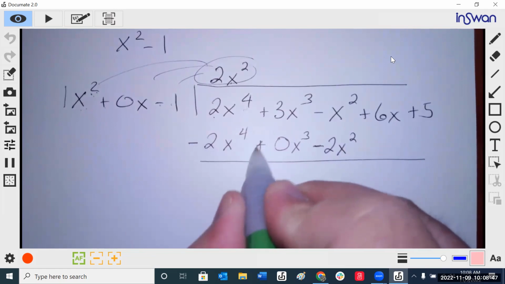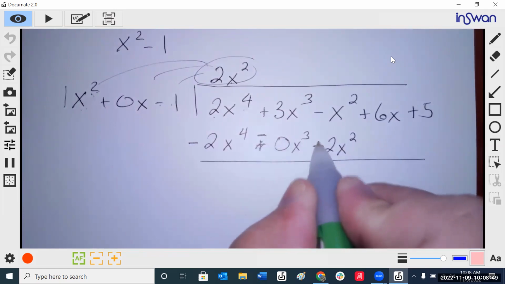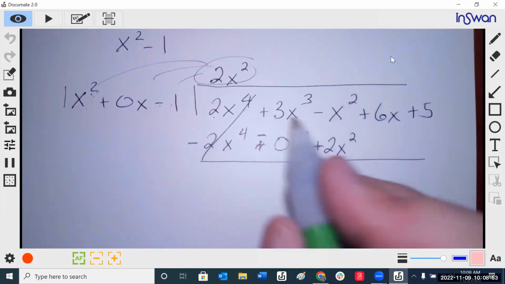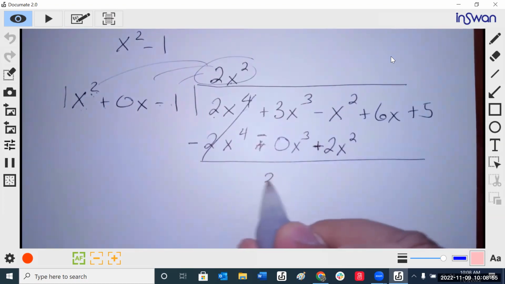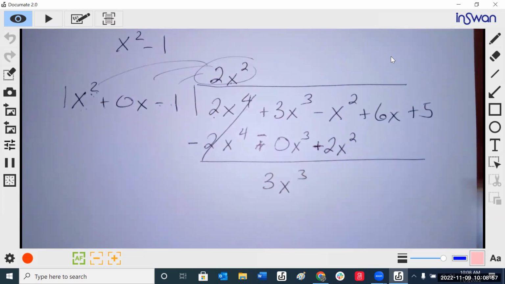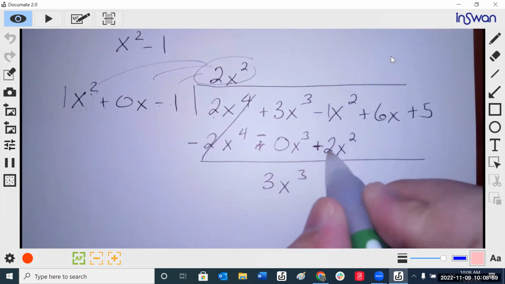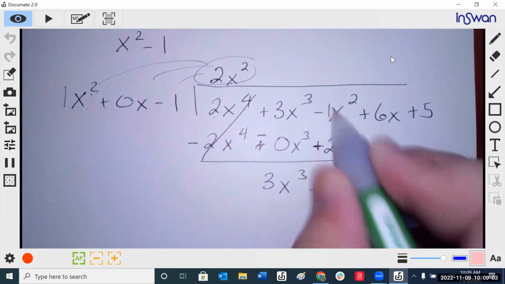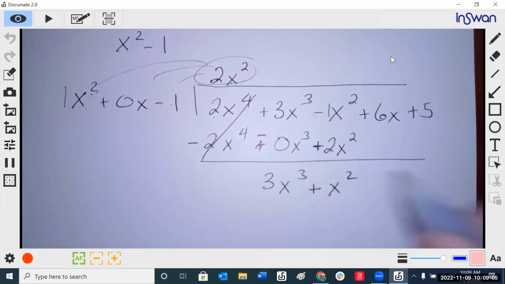Change the signs and add. So the first has to cancel. 3 minus 0 is 3. The 2 has opposite signs. 2 is bigger, so it's positive. 2 minus 1 is 1. And bring down everything else.